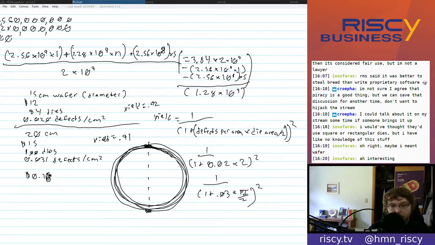So that one's going to be 0.1648. So I mean, let's just call it 16 space cents again. So those are my answers for cost of the dies.